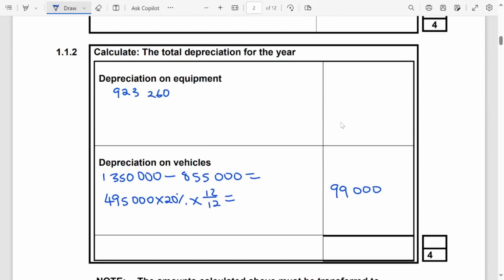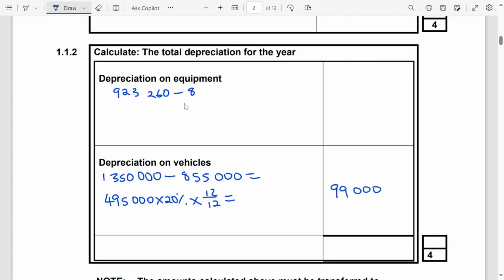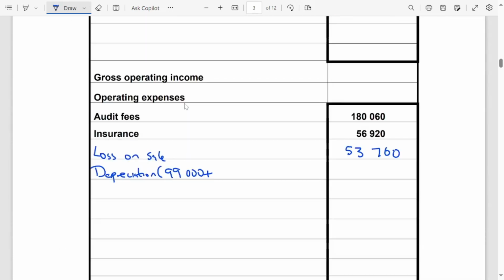So 923,260 minus 800,900. That is going to be 122,360, which is going to your income statement.